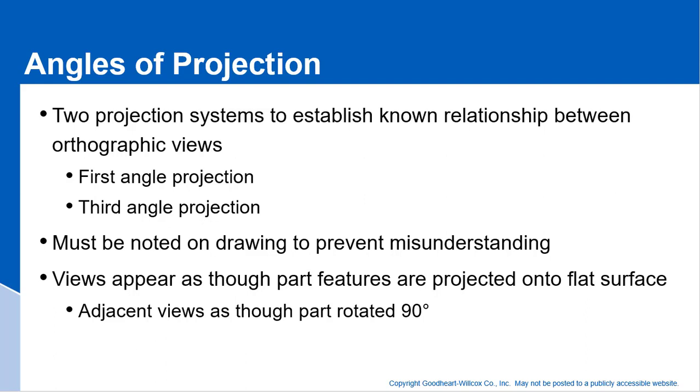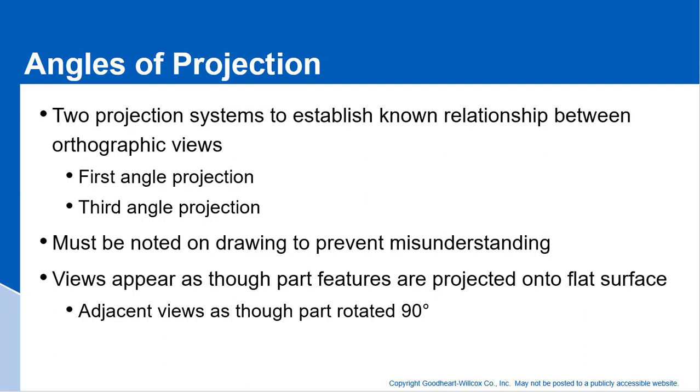In America we typically use third angle projection. Over in Europe they use first angle projection. I've seen both types of drawings, and it can be really confusing if you don't know the difference. The views appear as though part features are projected on a flat surface. That's what we do with orthographic projection.